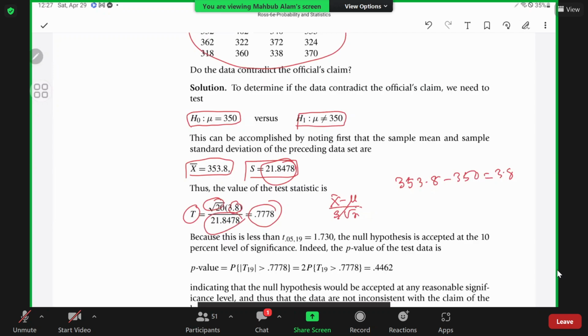There is a problem. The tables that are available in many cases sometimes have the value for 1 minus alpha by 2, sometimes they do not. But fortunately, we will provide you a table which has, here you see, this alpha by 2 is 0.025, that means alpha is equal to 0.05.